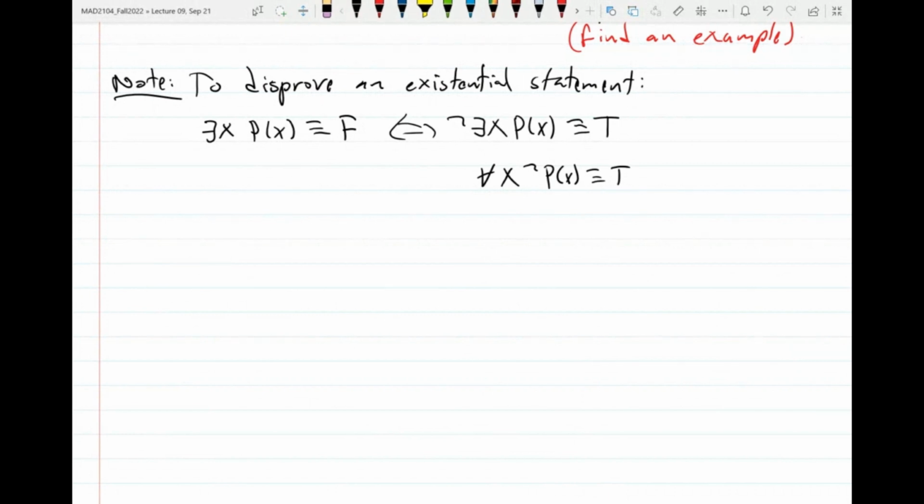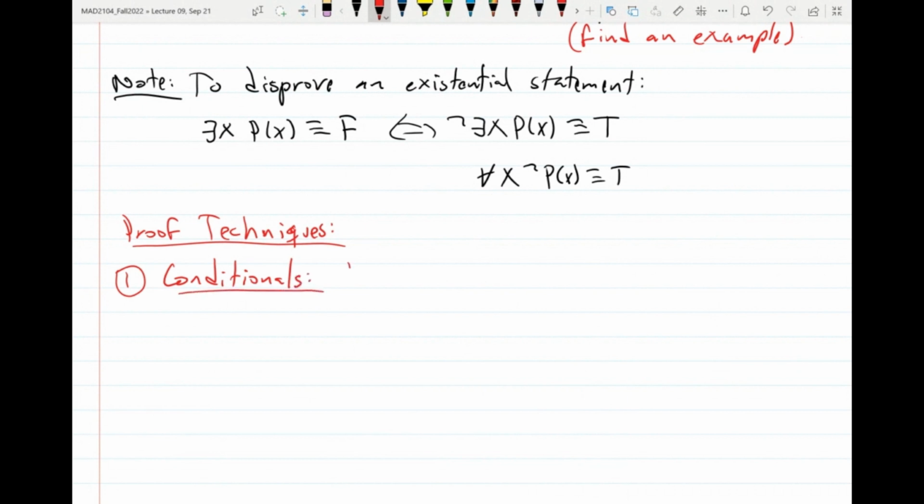These are proof techniques. The first one, let's talk about conditionals. Remember, a conditional is something that looks like P implies Q.